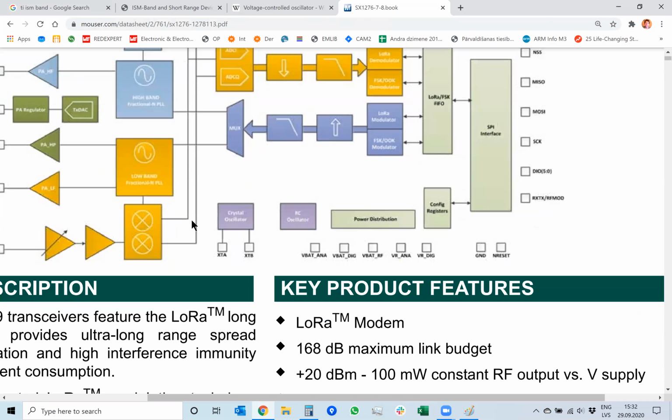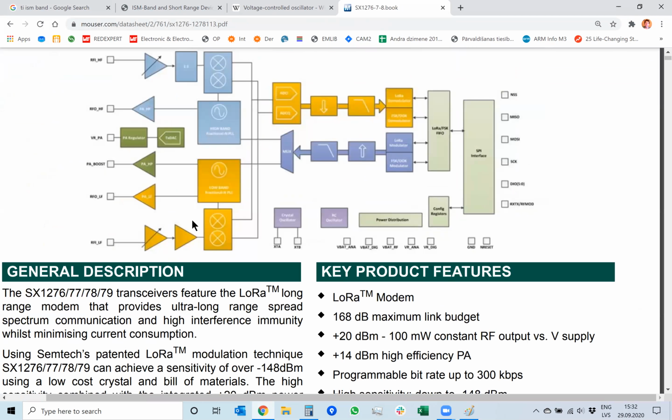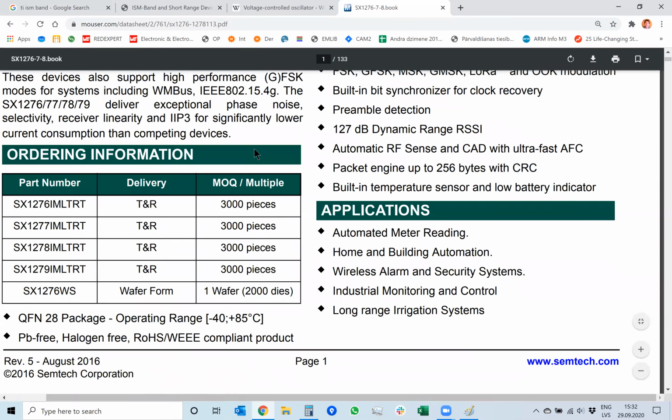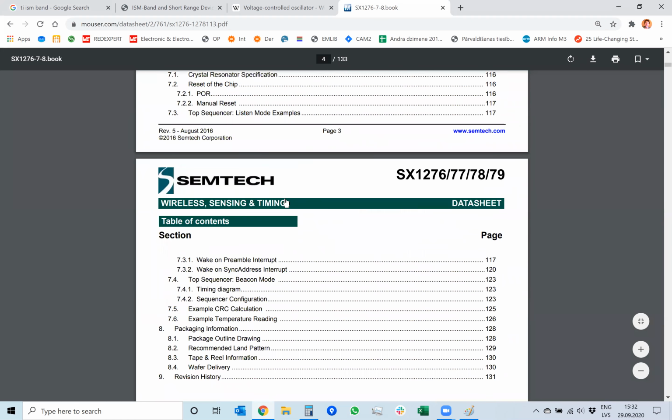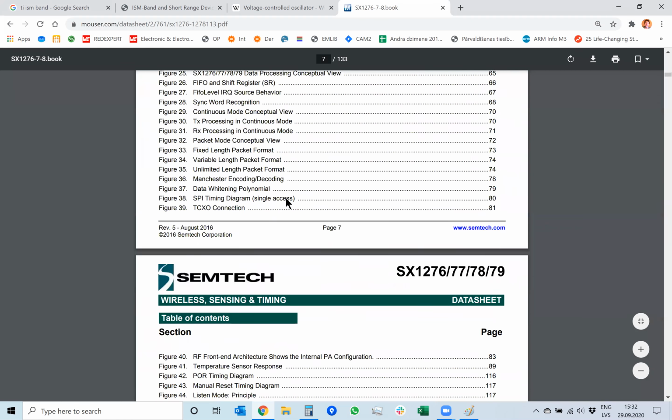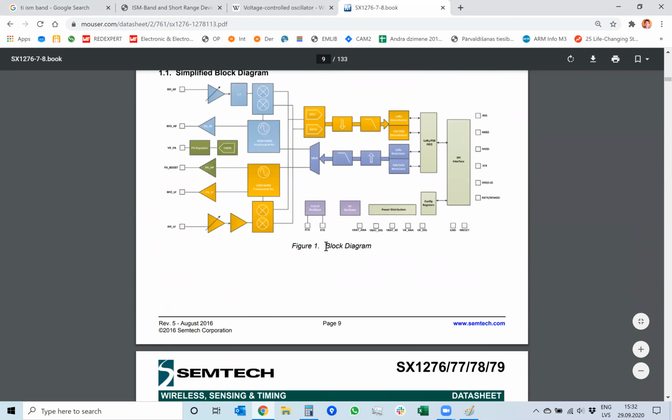This is low resolution. So here is an oscillator which you can control with voltage. High band frequency fractional PLL. I think this is the oscillator. I don't know. Maybe there is a better picture, but generally that's the transmitter part.